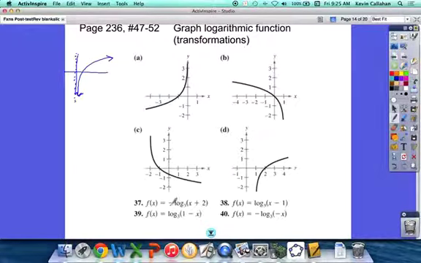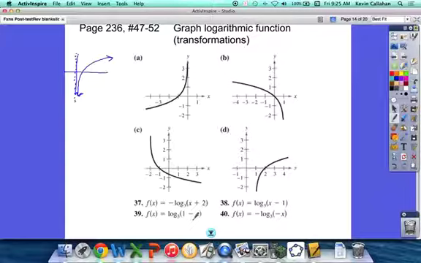And we can see that this one is being flipped, left 2, right 1. That's like negative x plus 1 right there. So it'd be up 1, and it's actually flipped around the y-axis. So just be able to do that.